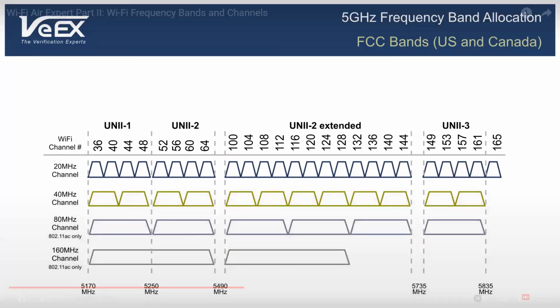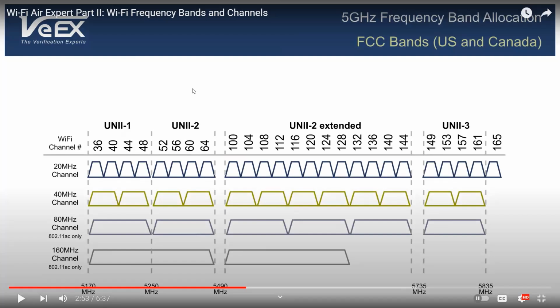And once again, you can see in the 5 GHz band these small 20 MHz channels. How many channels can we have?